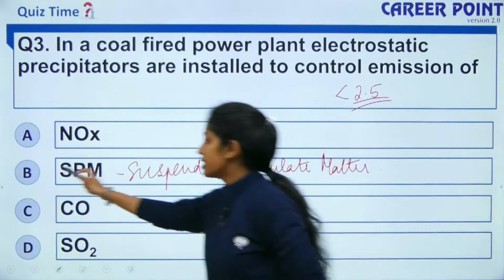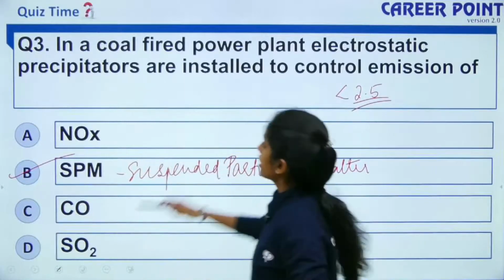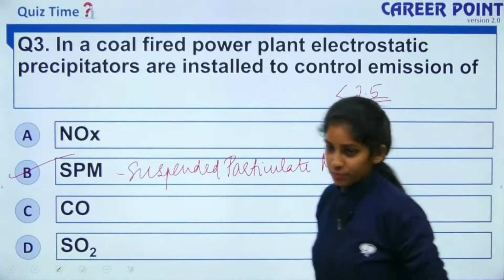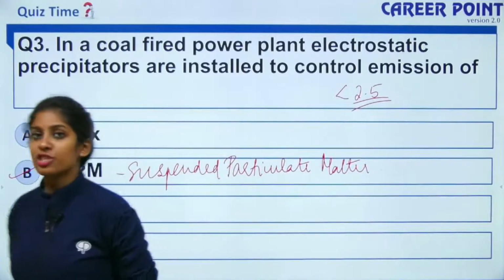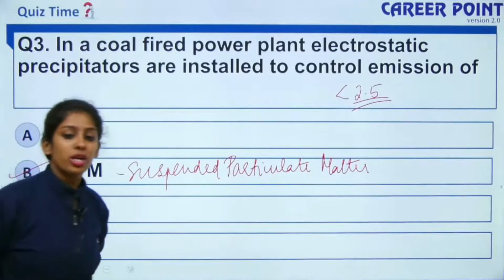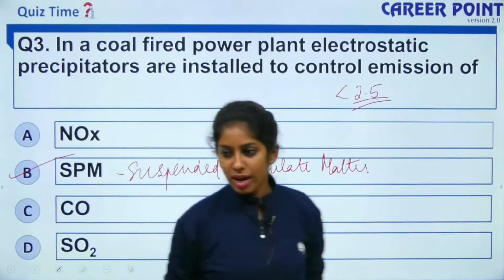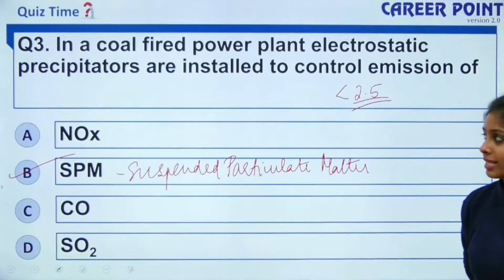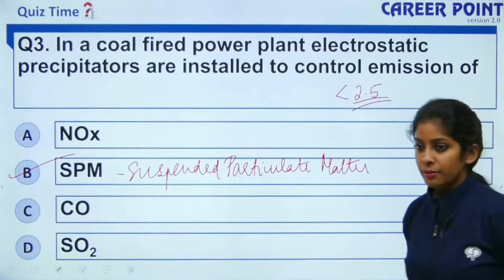So here the answer will be suspended particulate matter, because in an electrostatic precipitator you control suspended particulate matter. Yes, because dust gets attached to your collector plates, right, which are ground. Alright. So Anthony, is your doubt clarified? Is it clear between electrostatic precipitator and your scrubber?